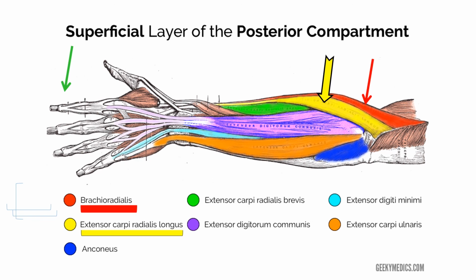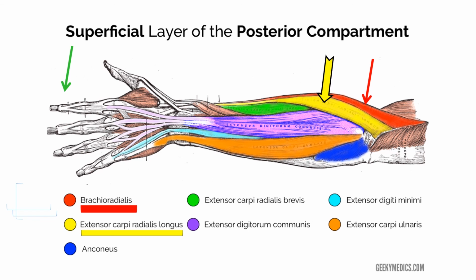It comes from the lateral supracondylar ridge. This ridge is also named the common extensor origin. Most of the extensor muscles of the forearm come from the lateral supracondylar ridge. And what does it do? It extends the carpal bones and then the hand as a result.